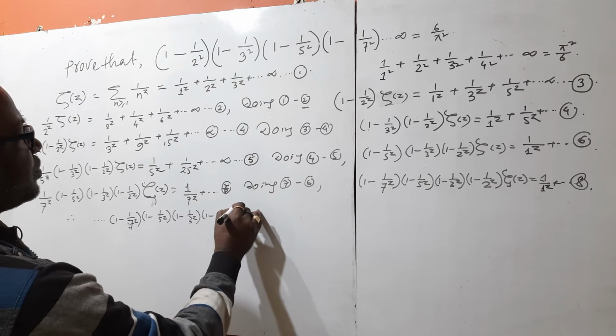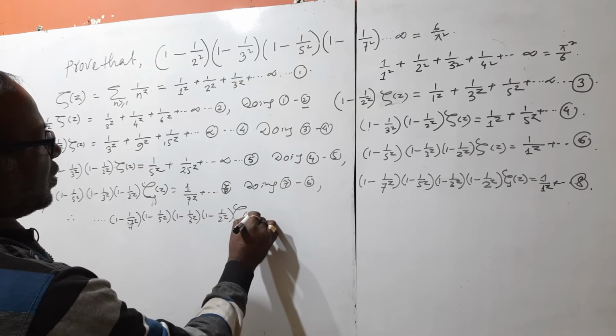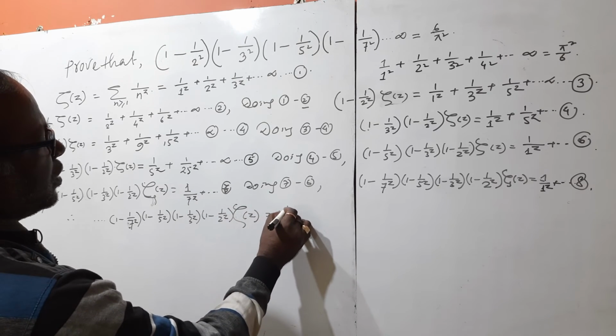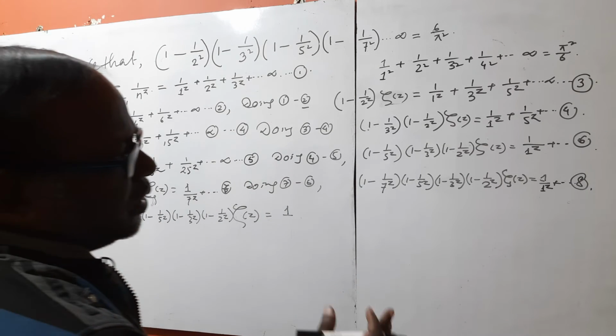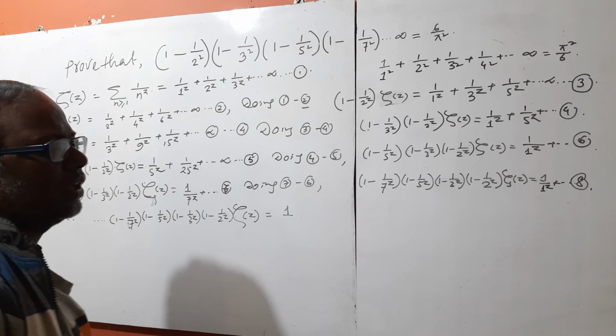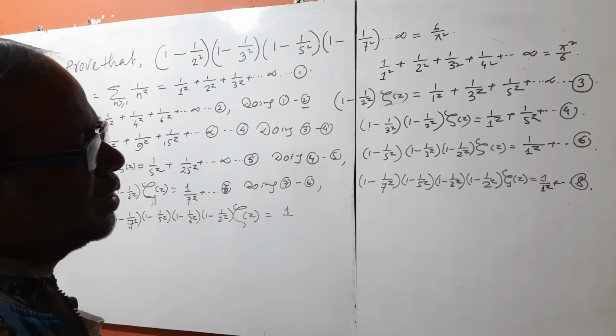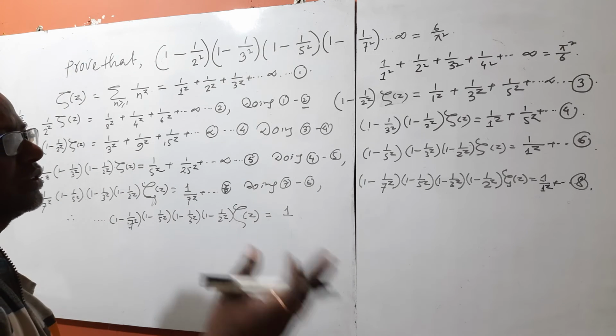This is equal to, actually we got here only one. In each of the cases, after the subtraction, we left only the 1 over 1 to the power z in each of the cases, and also some part.